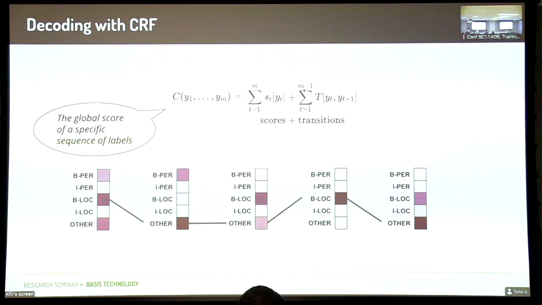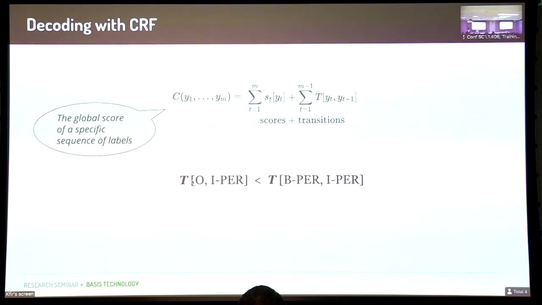But then we add the second component, the sum of all the transition probabilities from moving from Y_t to Y_t plus 1. We hope this matrix will give lower probability to transitions like from O to I pair, which doesn't seem right, than to moving from B pair to I pair. That's easy to calculate because we have all that information in the training data. We have all these transition probabilities.